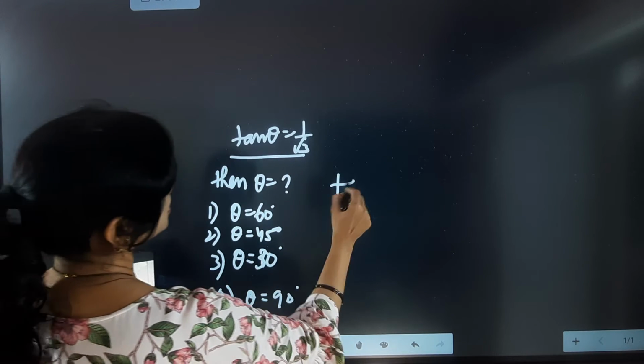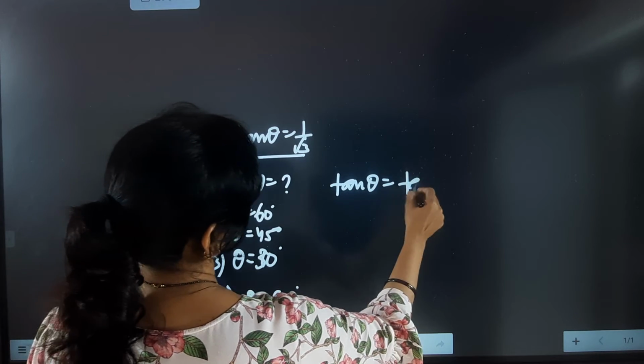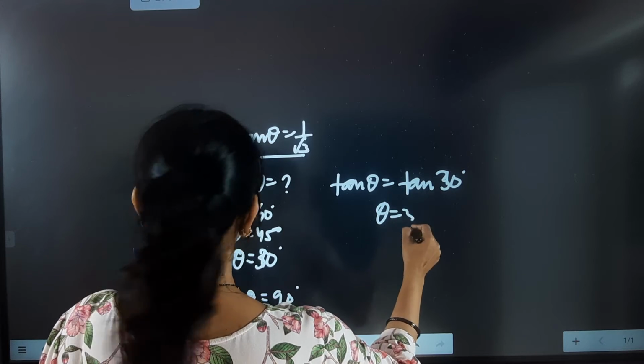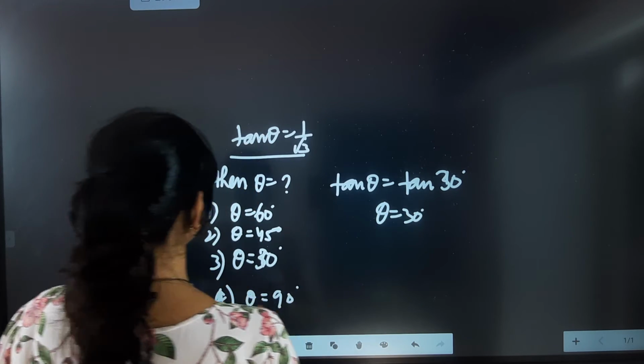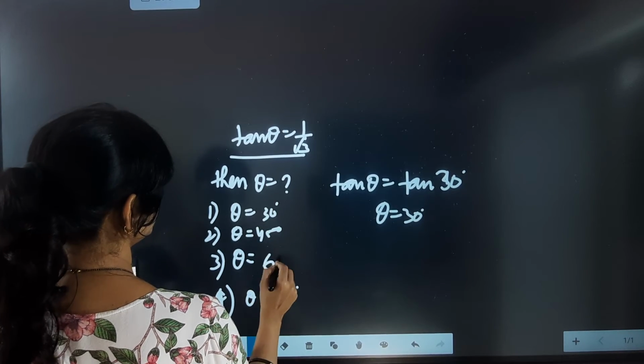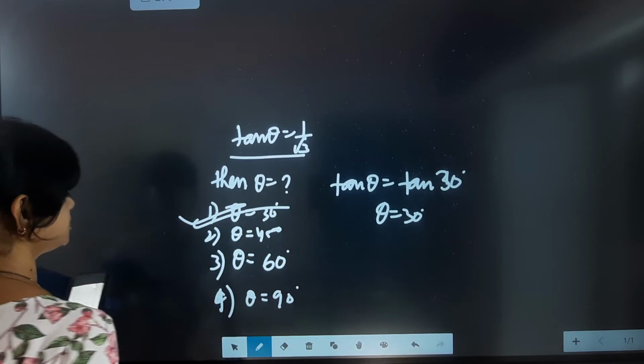So tan theta equal to tan 30 degree. So theta equal to 30 degree. The first option itself they have given here is 30 degree, and this one is 60 degree. To avoid any confusion, this is exactly coming as 30 degree.